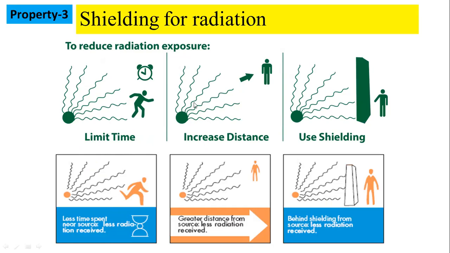The greater the distance from the radiation, the less radiation received. And the third option is that you have to use shielding, that means you take some material to stop all this radiation, and this is called shielding. So behind the shielding from the source, less radiation is received, and this is the effect of the shielding of the radiations.